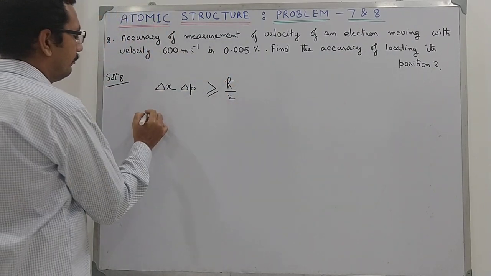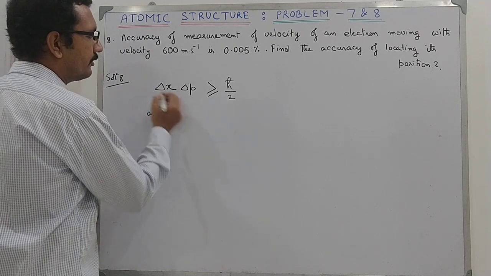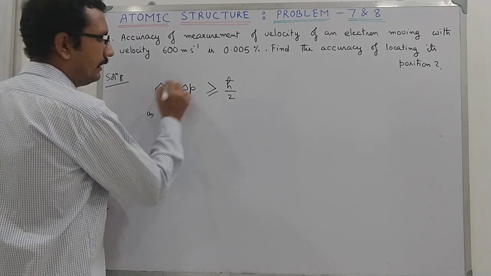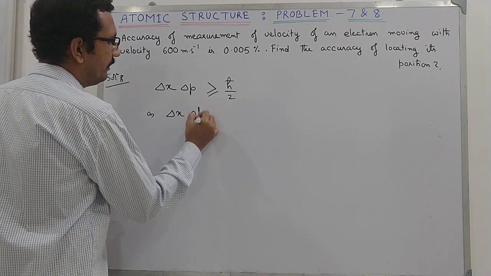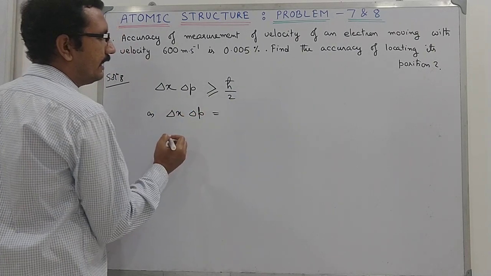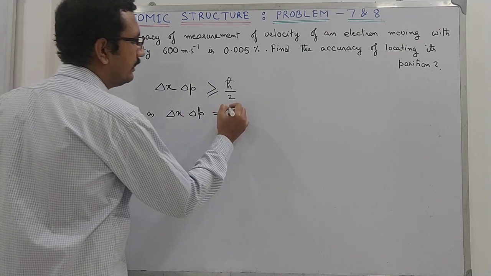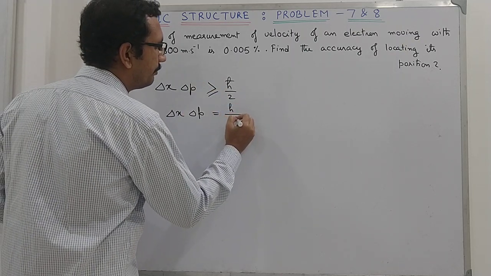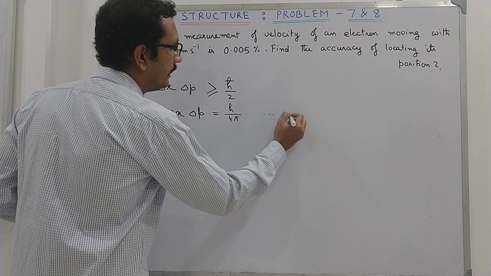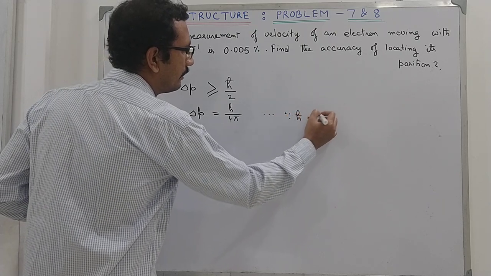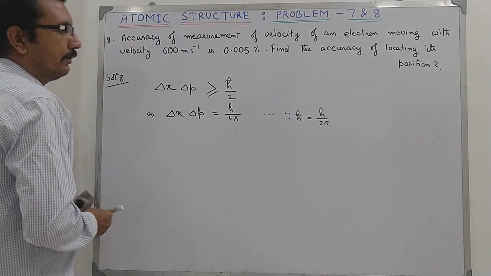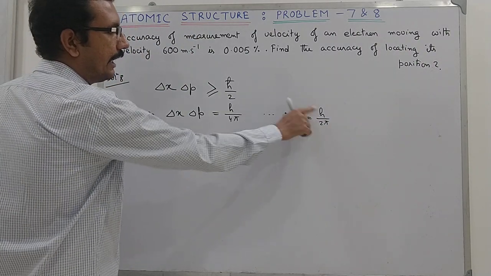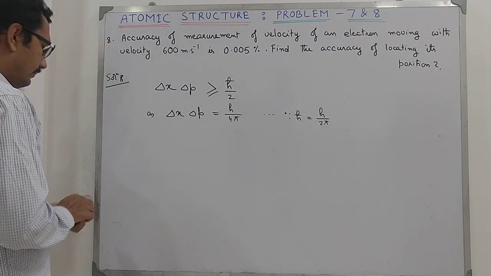Now for the problem, we take the lowest possible value of the uncertainty product. So we will deal with this equation with equality, not with this inequality, and it will be h by 4 pi, since h cross equals h by 2 pi. So h cross by 2 will be h by 4 pi.